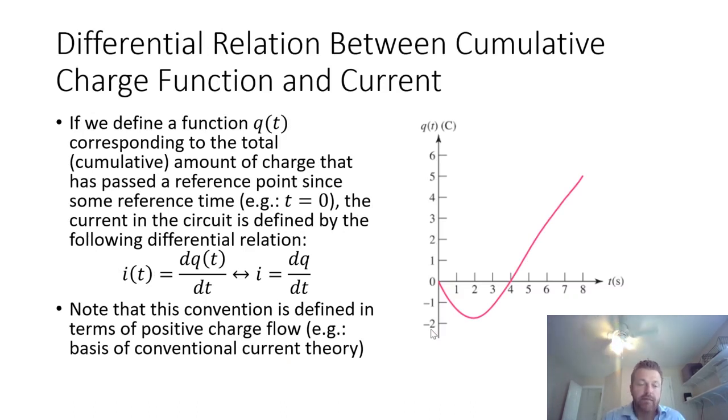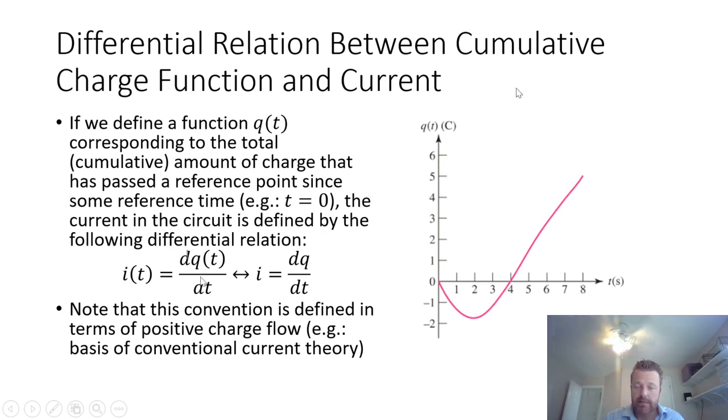So let's look a little bit at the fundamental calculus-based definition of current and its relationship to the cumulative charge function. This function Q of t is the cumulative charge function. It basically counts how much charge has passed a reference point in the circuit relative to some reference time. That can be t equals 0. And if you have this expressed as a function which is differentiable, you can express the current as a function of time by simply taking the first derivative with respect to time.